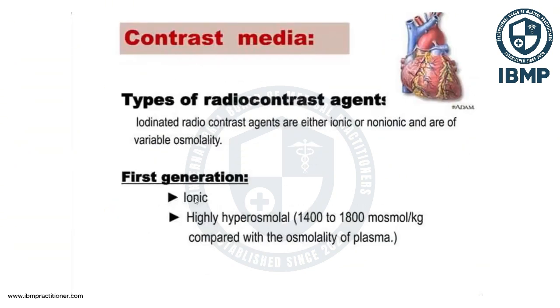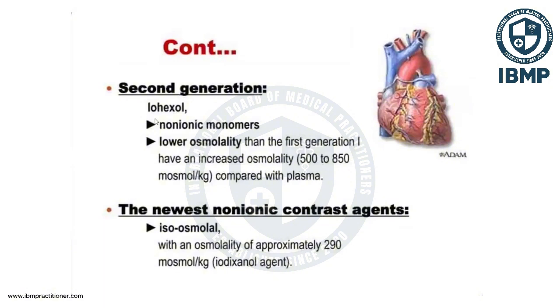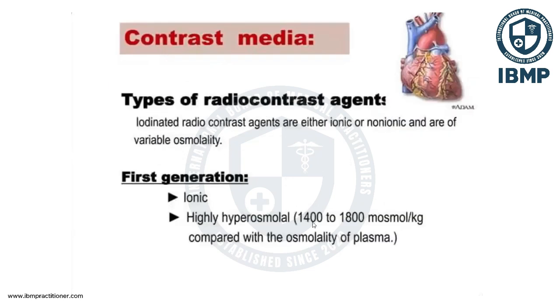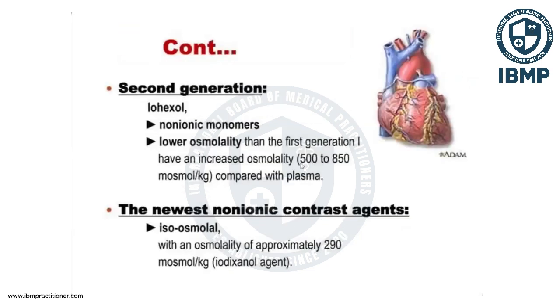This is the first generation, ionic. The second generation, ioxaglate, is a non-ionic monomer with low osmolarity, whereas the first generation is 1400 to 1800, its osmolality is 500 to 850 compared with plasma.